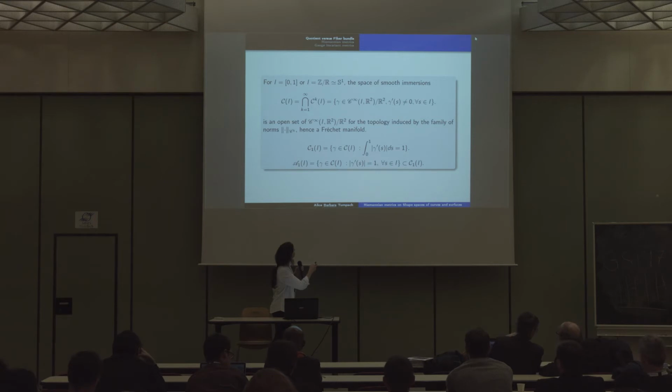So you add the condition that the velocity of your curve is non-zero. So this is an open set in the topology induced by the family of C^k norms. So it's a Frechet manifold. And if you add the condition that your curve has length 1, you have a submanifold in this space. And if you add the condition that you want arc length parametrization, so with velocity equal to 1, then you have a subspace in the space of length 1 curves.